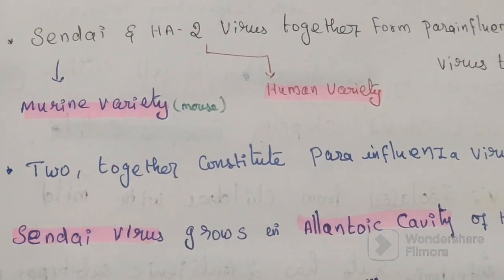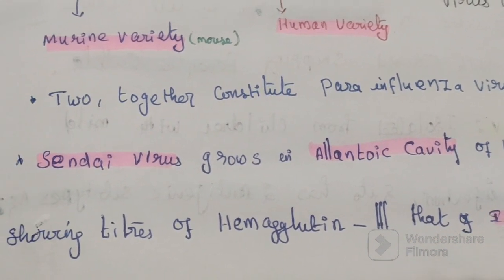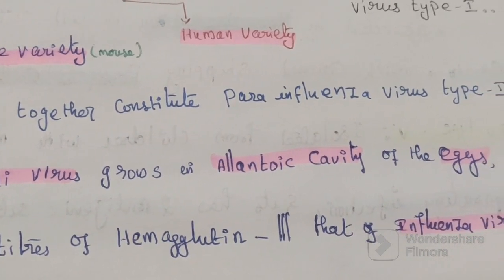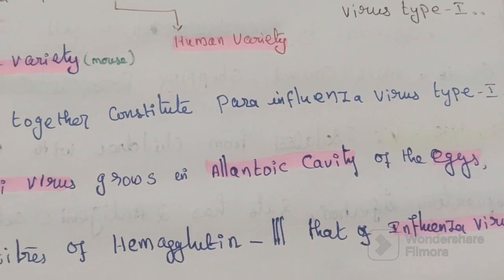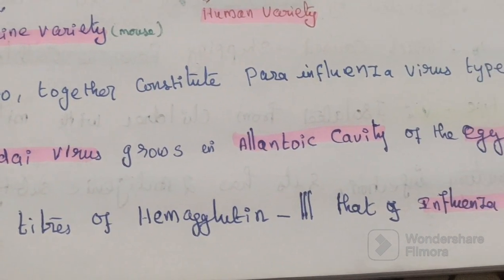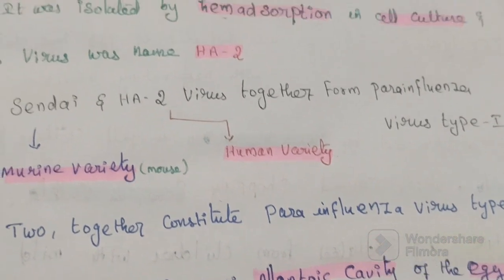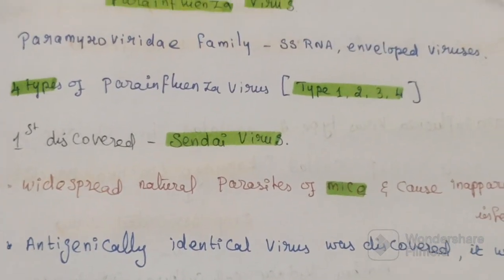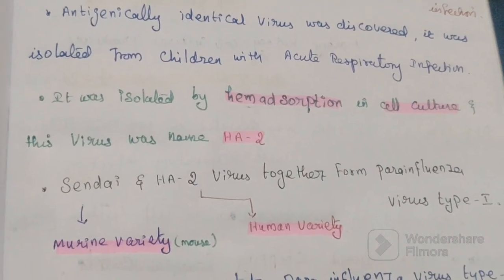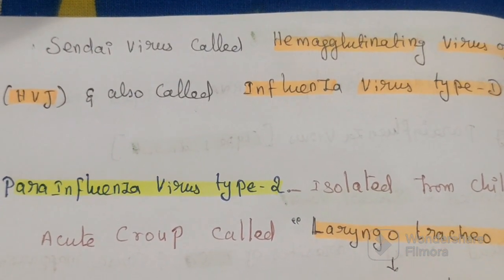The Sendai virus grows in the allantoic cavity of the eggs, showing high titers of hemagglutinin, which is similar to that of influenza virus.